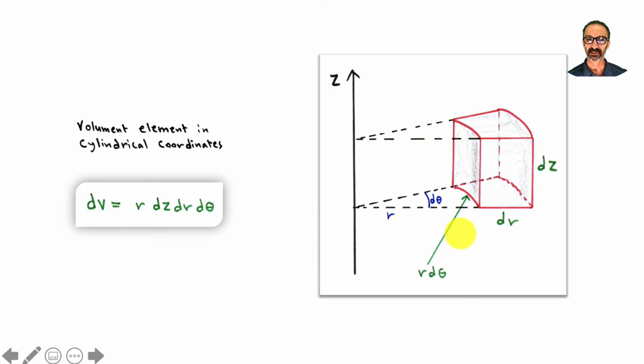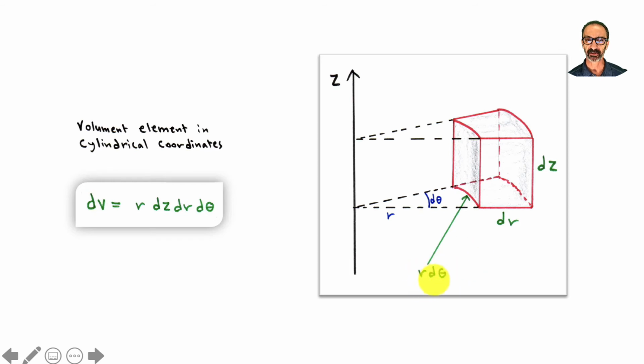I showed you this about 2-3 videos ago, and I'll put the video link at the end if you need more help understanding why this is r d theta. I covered in depth the area of a sector and the arc length. So this is part of a circle circumference. We call it arc length, r d theta.